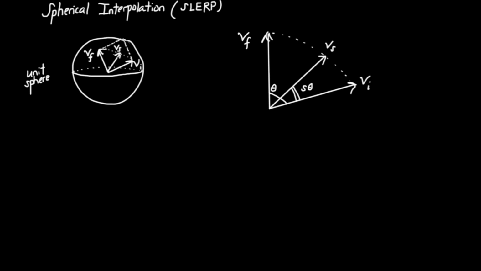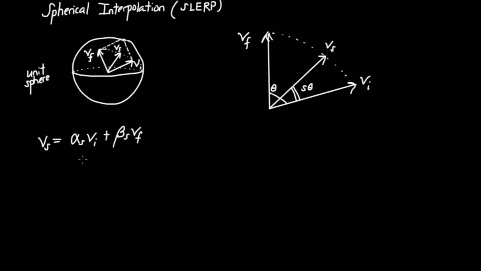As I was saying over here, V_s being on this plane defined by V_i wedge V_f is just going to be some linear combination of V_i and of V_f. And our goal is to find the correct one to use, given some value of that parameter s. So let me write that out over here. V_s is going to be some linear combination of V_i and of V_f.